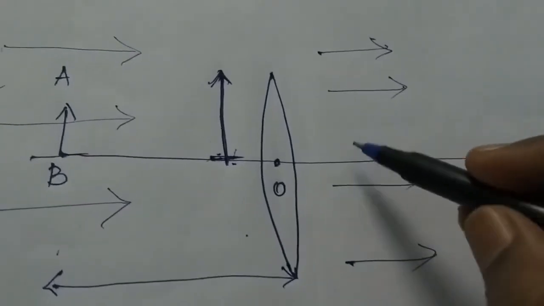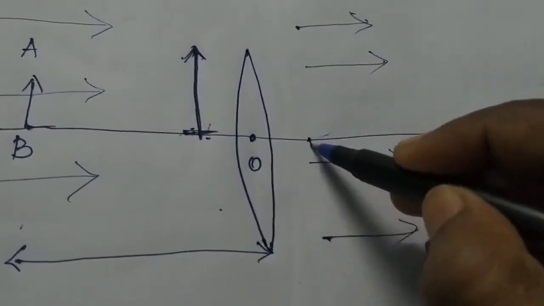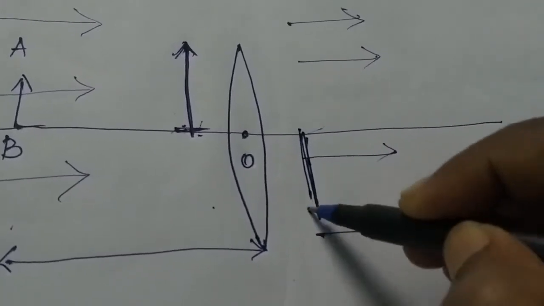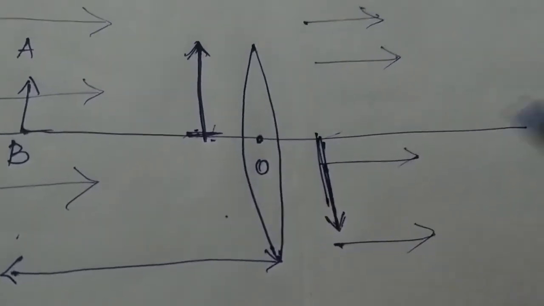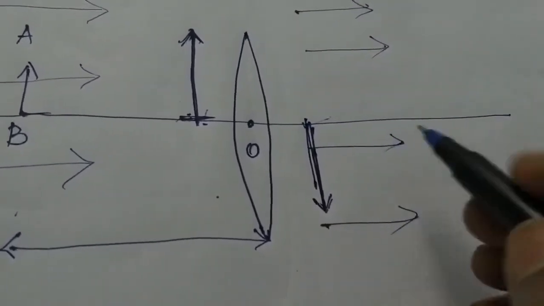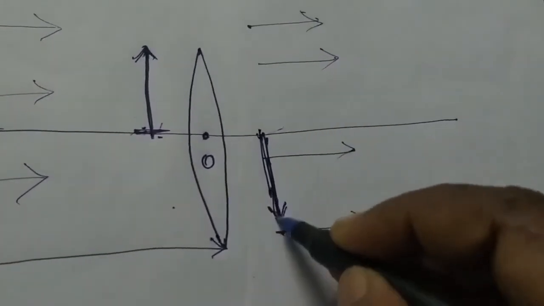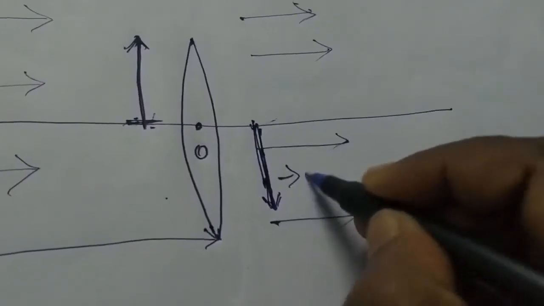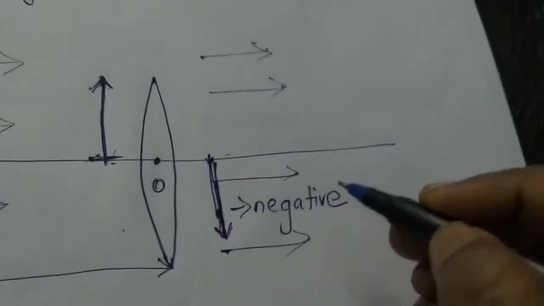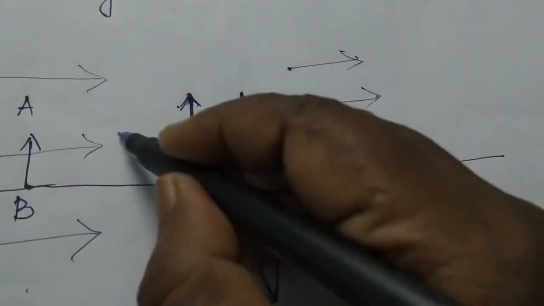And then the distance measured downward and perpendicular to the principal axis is taken as negative. So this distance is taken as negative, and this distance is taken as positive.